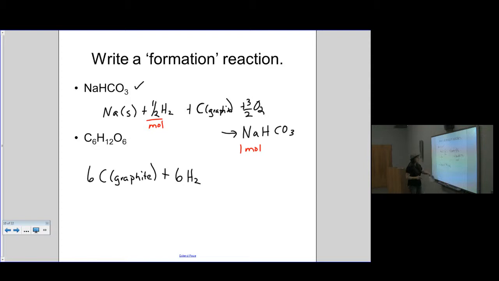And I have 6 oxygens, so I need 3 O2s. And that will form C6H12O6. So you should be able to write formation reactions. You should be able to figure out what those elements are that will make up 1 mole of whatever you're looking for.